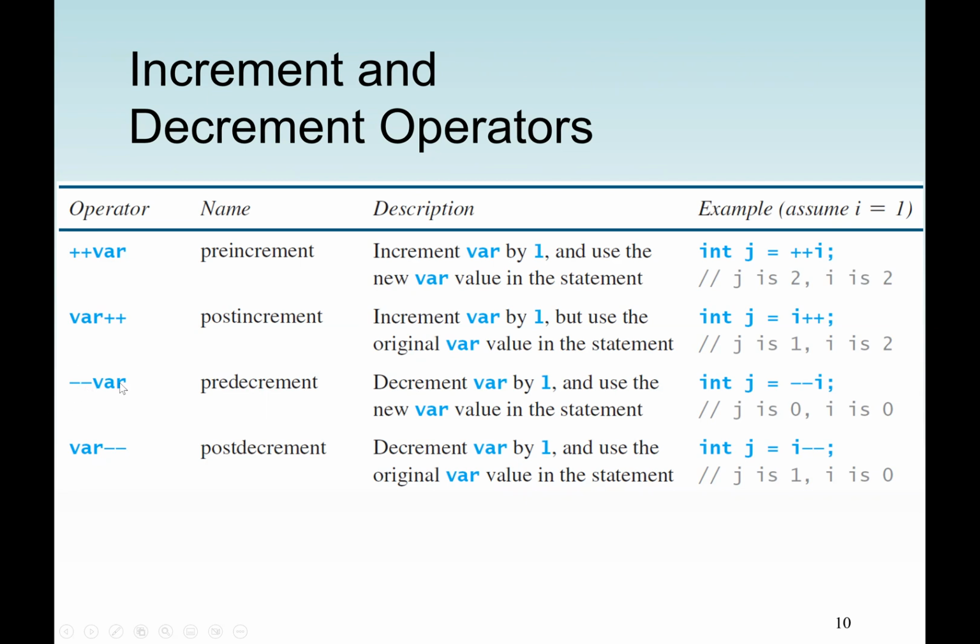So if we say --var, it means we are going to decrease the value in the variable var by 1 before we do our operation. Or if we say var--, it means we are going to do something with the variable var. When we finish and we get our result, we decrease it by 1. Or var++ means post-increment. Do something with the variable var. When you finish, you increment by 1.